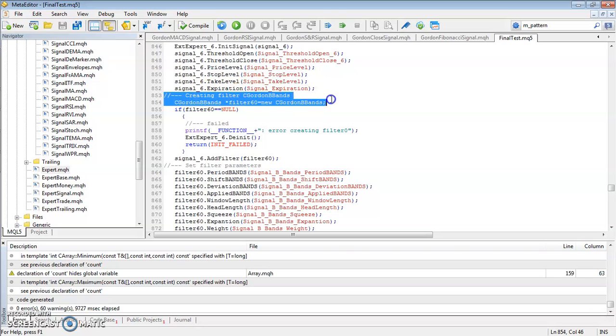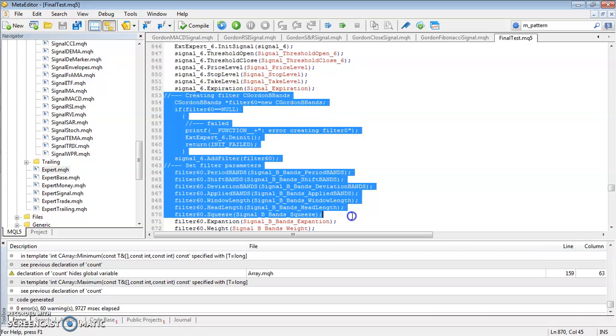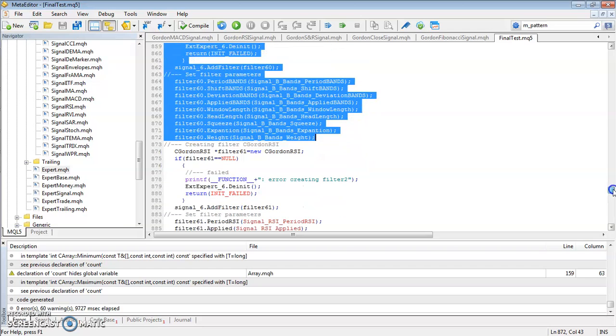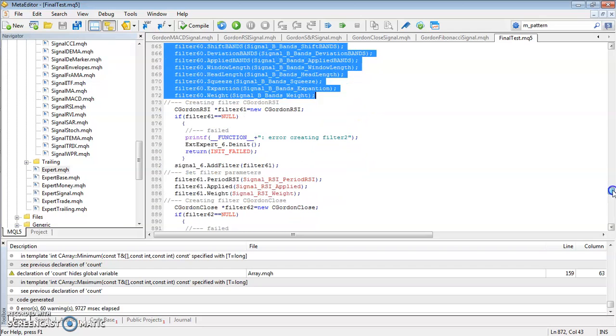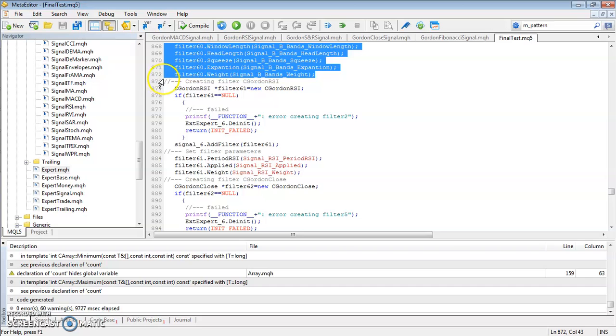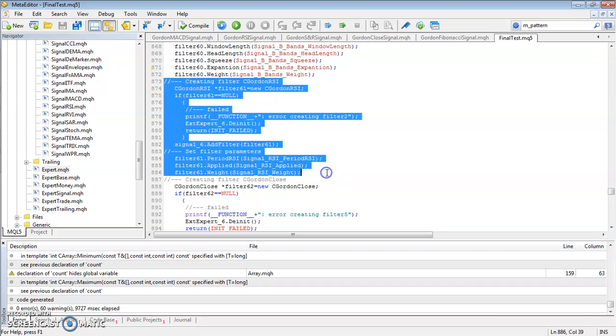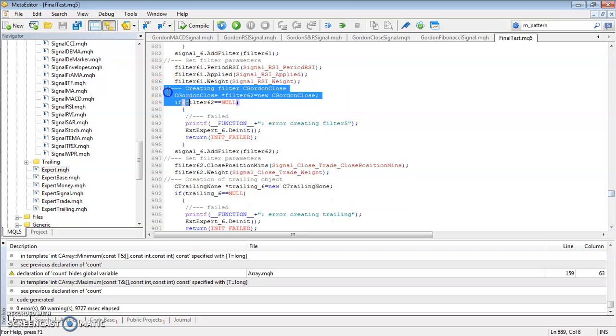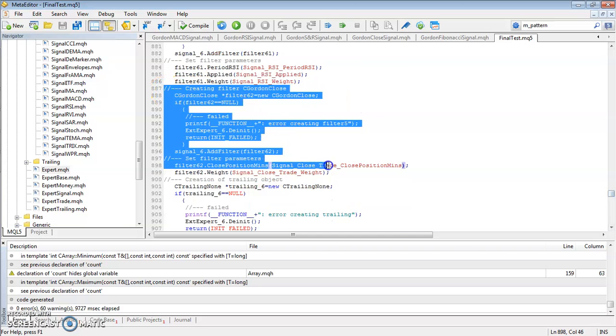For example, these are the Bollinger Bands that we'll be using for this signal exclusively, and RSI, this is it, and of course the closing of the position, whether it takes a profit or stop loss, or it doesn't.